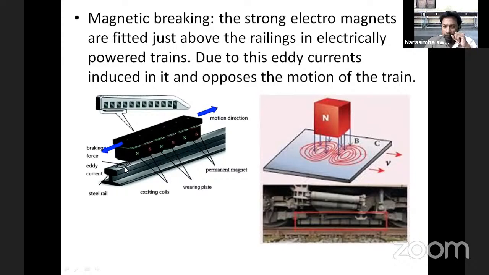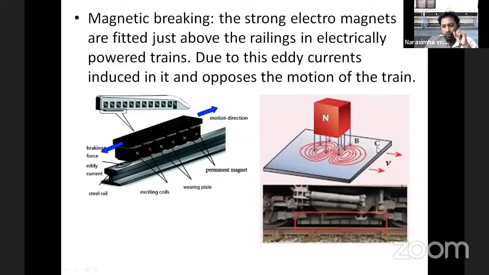Nearby, a metallic plate, that is the rail, is there. So that opposes the motion of this body. Who is producing the cause? Who is changing the magnetic flux? The motion of the train. So it opposes the motion, just like a magnetic brake.